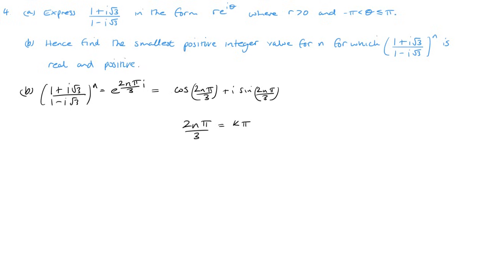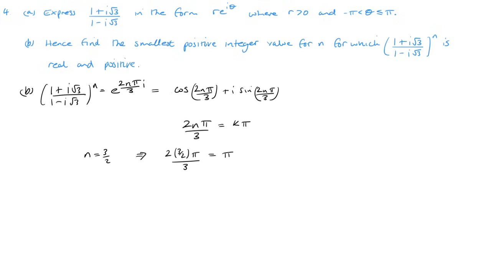So if n equals 3 over 2, we get 2 times 3 over 2 times pi over 3, which equals pi.